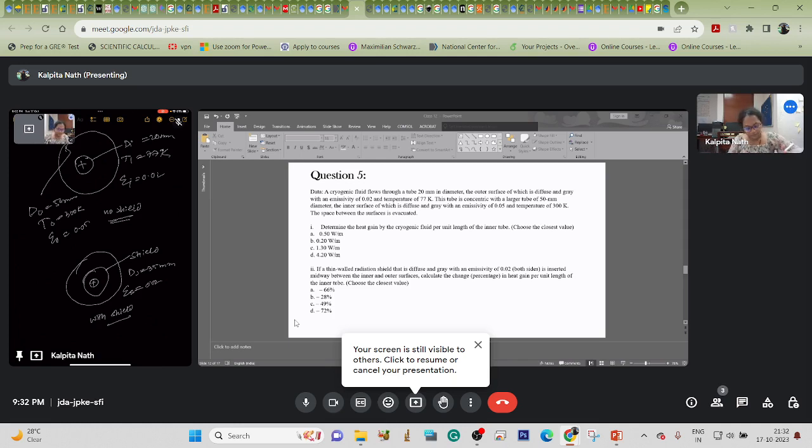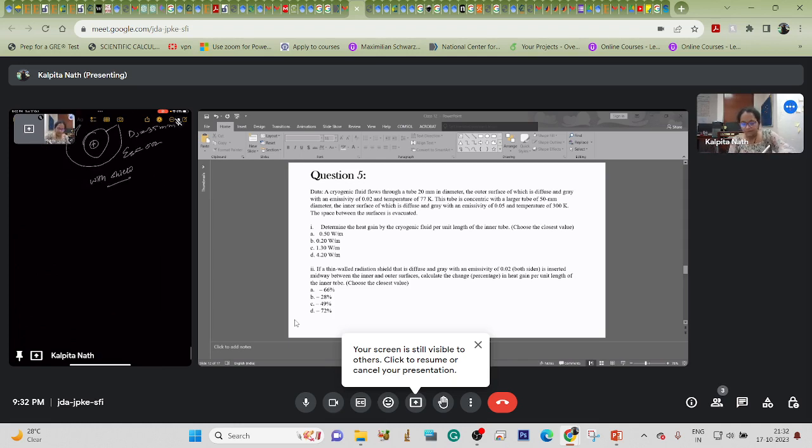Now this is one resistance, this is the second resistance, this is the third resistance. E_b0, this is E_bi, this is Q, this is the inner side tube, and this is the outer side.